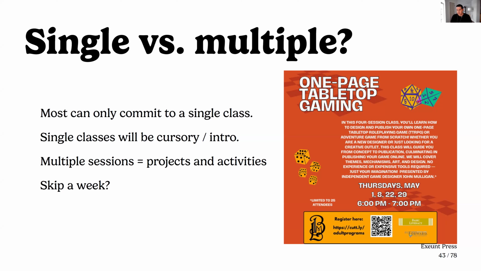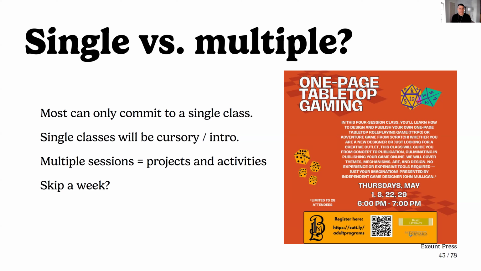Again, that's one of the promo things that was posted on social media for the class that I taught. Most people can only commit to a single class. It is hard for most people to say, I'm going to show up every Saturday for 3 weeks, or every Thursday night for 4 weeks in a row. That's tough. But the downside of a single class is it's just going to be high-level information.